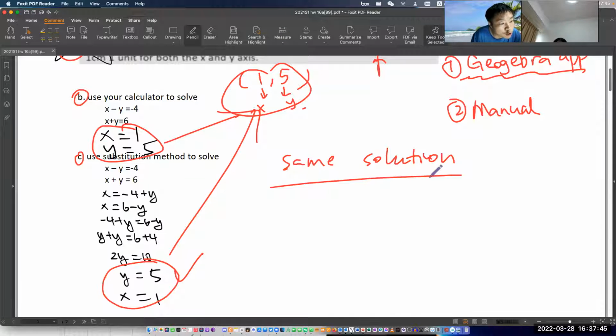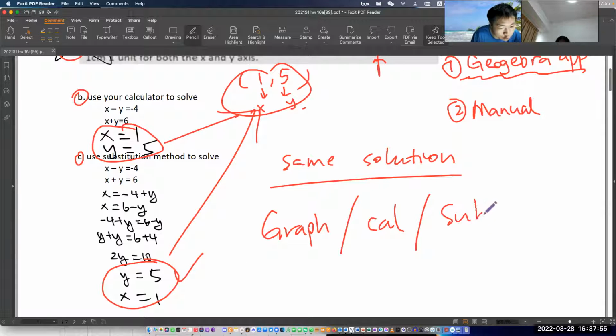So that's the conclusion. The conclusion is I want to show you whether you use the graph method, or you want to use the calculator method, or you want to use the substitution method, they all give you the same solution, which is x is equal to 1, y equals to 5. Okay?